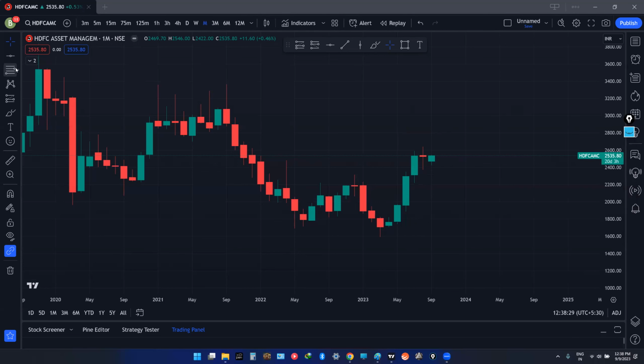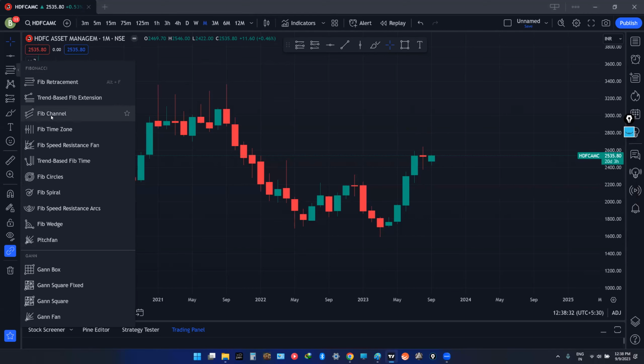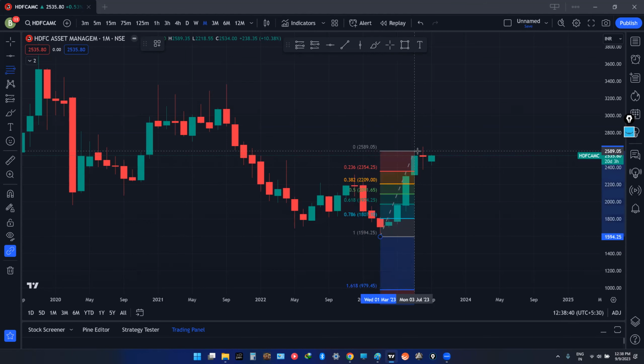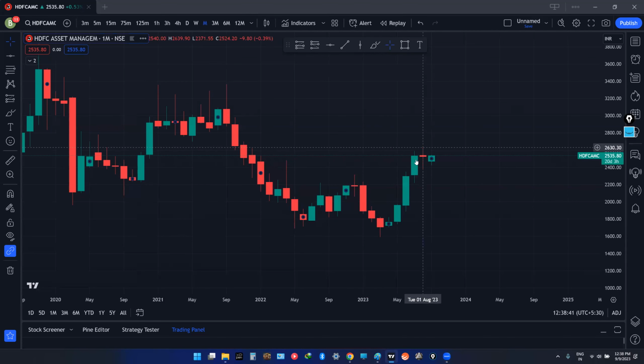If I try to draw a Fibonacci here, Fibonacci retracement, this is right. How do they draw? Maybe from bottom point to top point, like this, no? Or actually, I don't know how to draw. Oh, yeah, right, like this, I think.